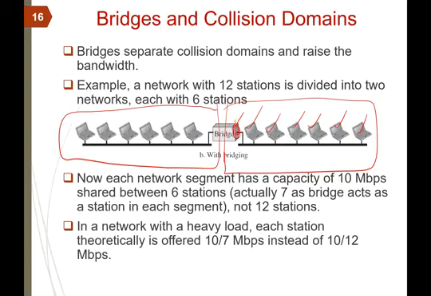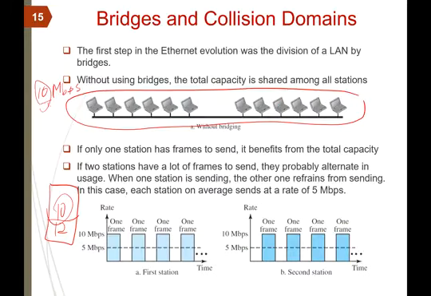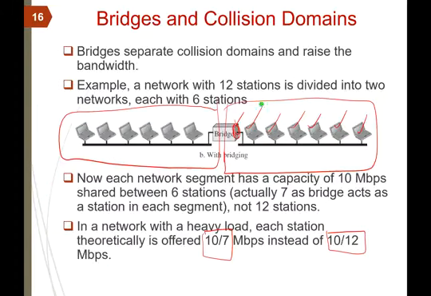So we have 7. So now the data rate will be divided by 7 rather than by 12 as in the previous setting. For this side it will be divided by 7, and this one also 7 by 7.